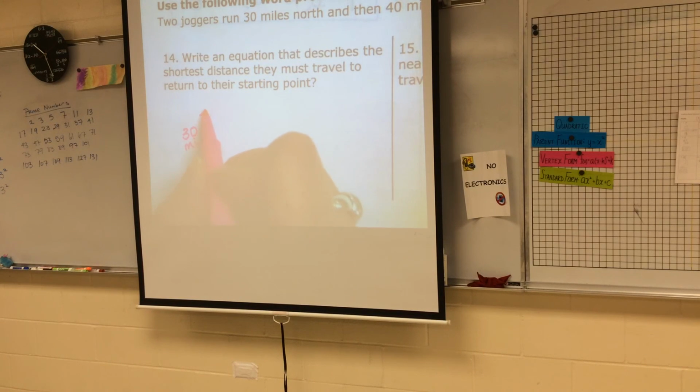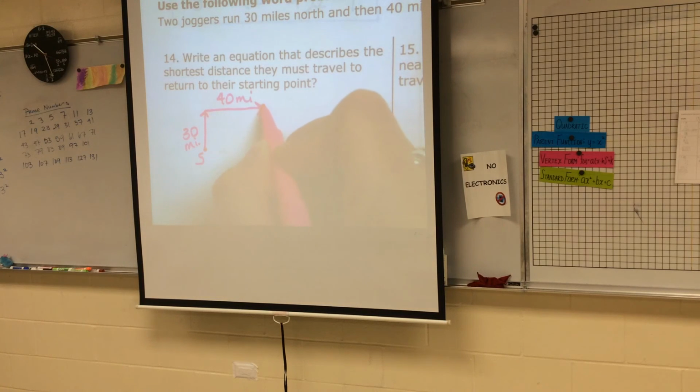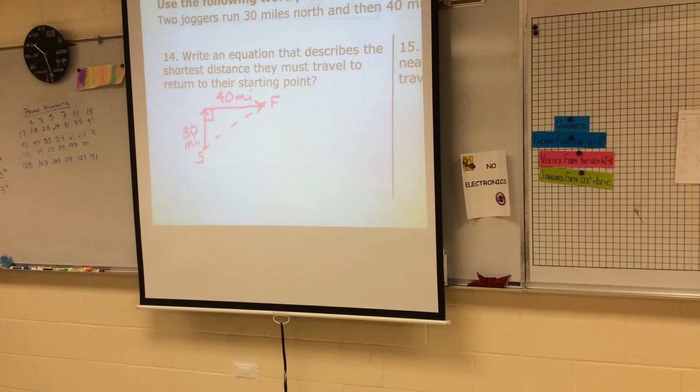And then they turn and go 40 miles east. So if this is their starting point, and this is their finishing point, they want to go back to the starting line, and the shortest distance, would they go back west and then south? Or would they cut across? Cut across, right? So that's going to create a right triangle, and we need to know what's that hypotenuse, right?